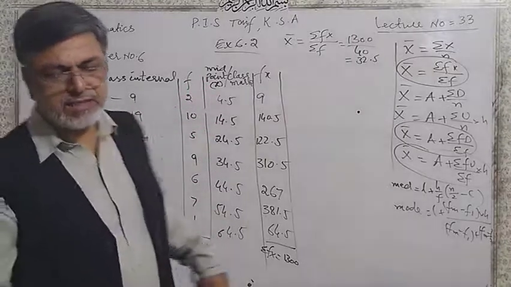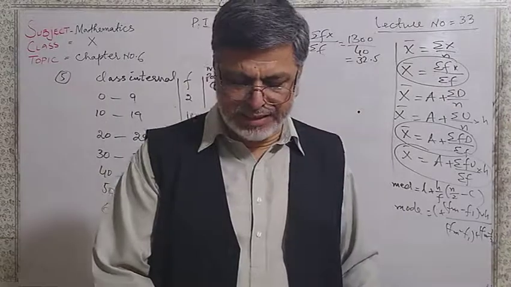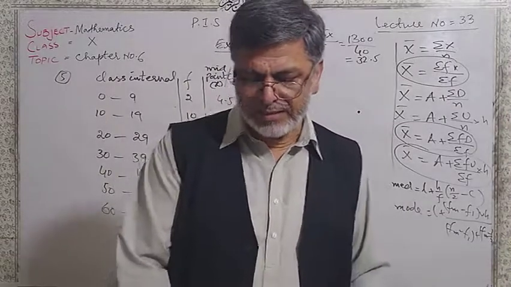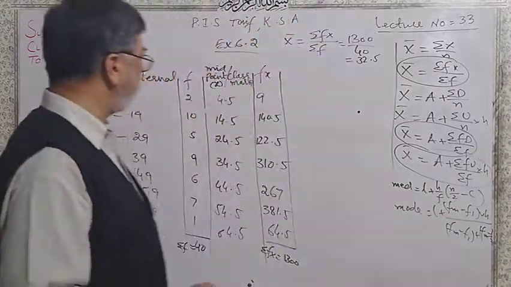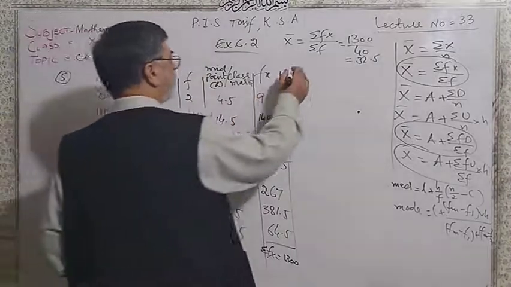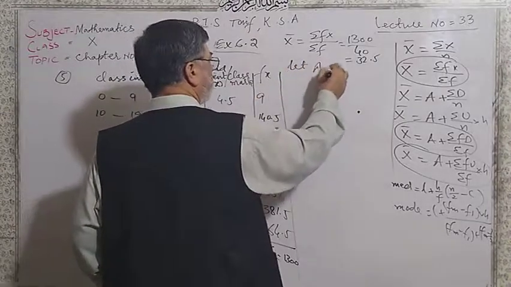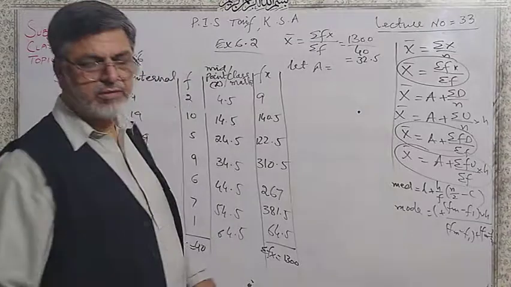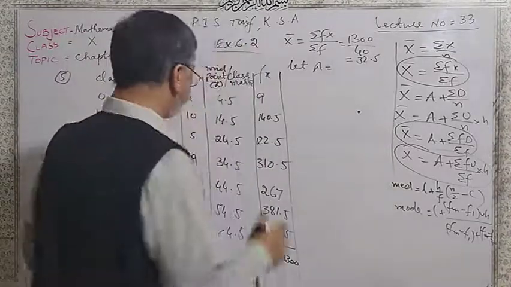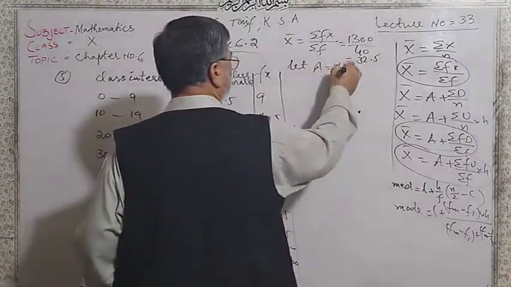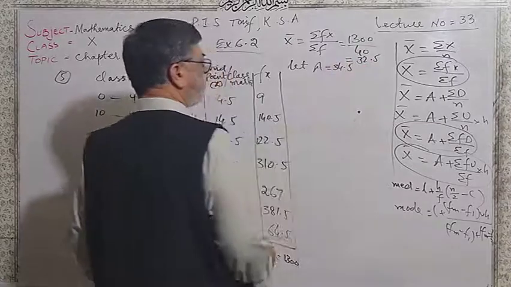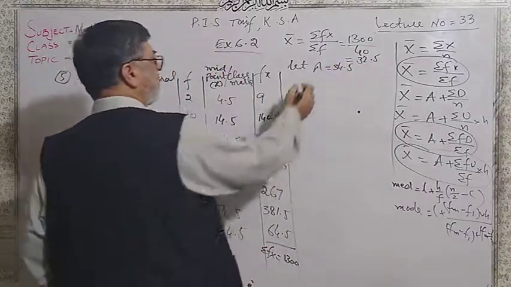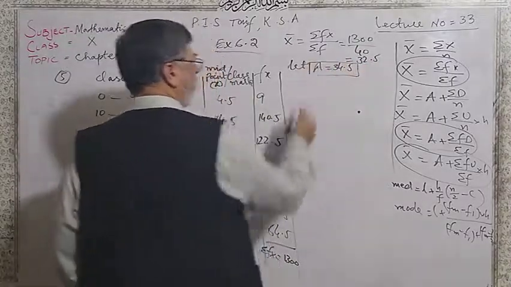A is a chosen value from x, that is, you can say this is the chosen mean. Let A is equal to 34.5. Remember that A is equal to 34.5.